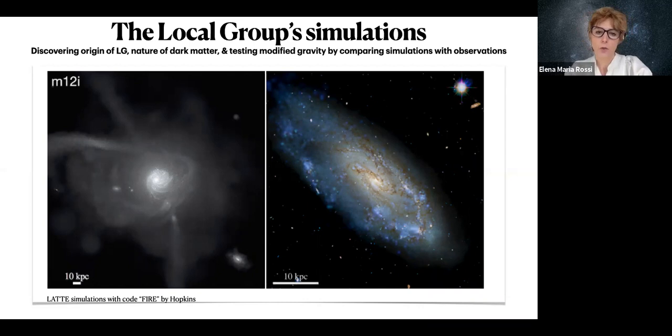The game here is to compare cosmological simulations of Milky Way-like galaxies with the observations in terms of phase space of stars, but also star formation rates, age, metallicity. The more information you get, the more accurate and precise your constraints can be. And so this is the game that has been getting more and more fuel from the Gaia data releases.